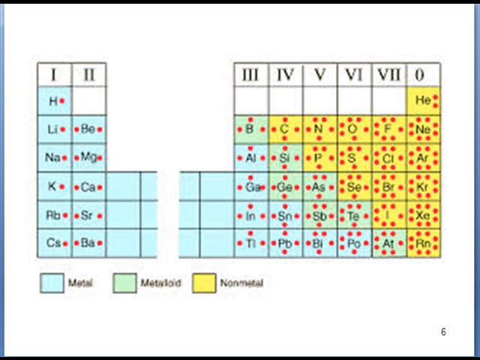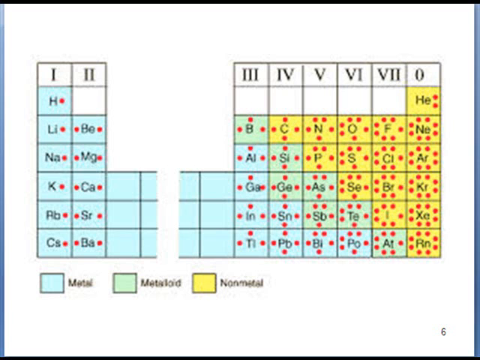Now, on this chart, you'll notice that there are regions that are blue, regions that are green, and regions that are yellow. The reason for that is, as we discussed in the octet rule, atoms will get rid of or gain electrons in an effort to have the outside valence shell filled, meaning it would have a maximum of 8 electrons in it.